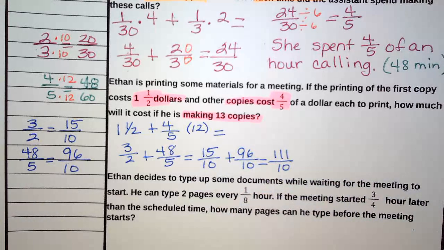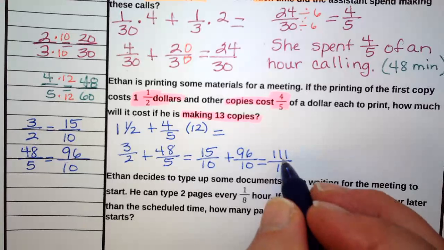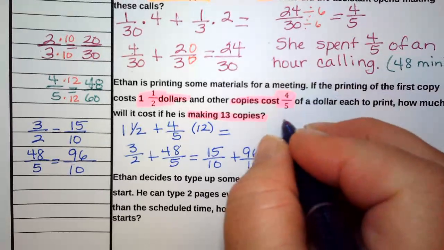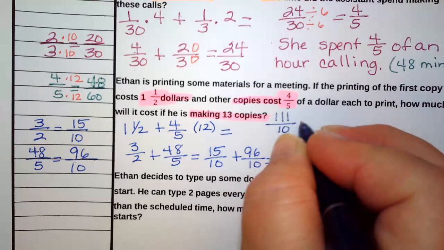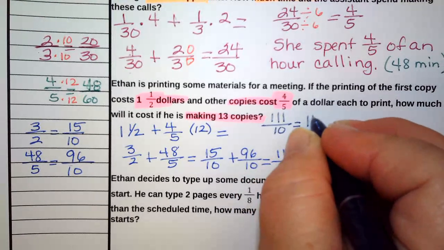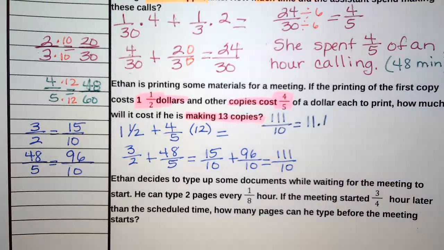But I need to change it into a decimal because money is in decimals. How do I change 111 divided by 10 into a decimal? I move my decimal point over 1. So it becomes 11.1.